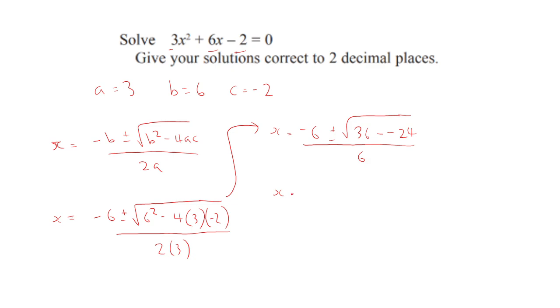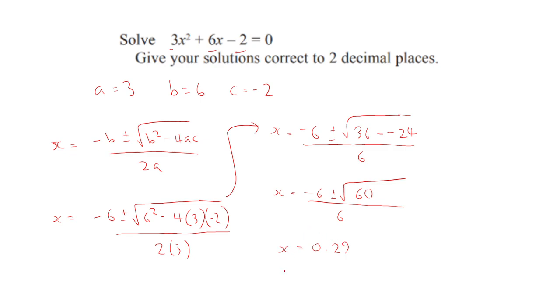We go further, this is equal to minus 6 plus or minus, now be careful here, 36 minus minus 24 is 36 plus 24, so it's the root of 60 all over 6. And when you use your calculator to find the two solutions, when you add on that root 60 and do minus 6 plus root 60 all over 6, you get a solution of 0.29 to 2 decimal places.